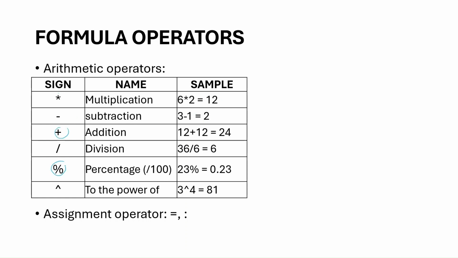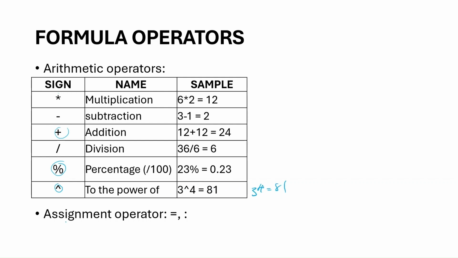The percentage sign effectively divides whatever number you put by 100 to give you the percentage over 100. And then this here is the power sign. For example, this here is 3 to the power 4, which is 81.